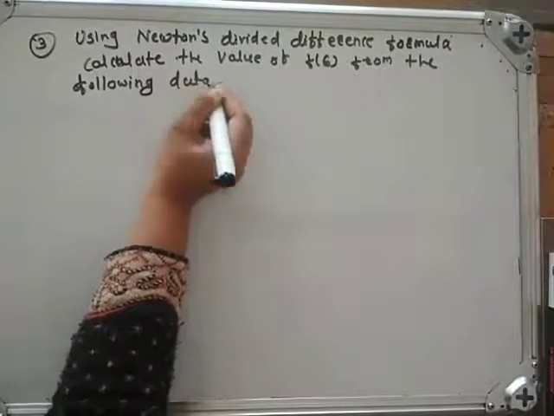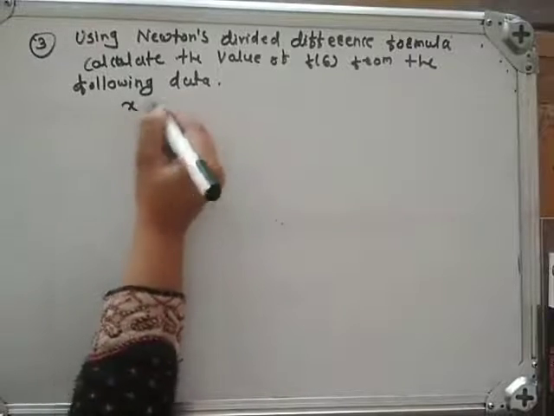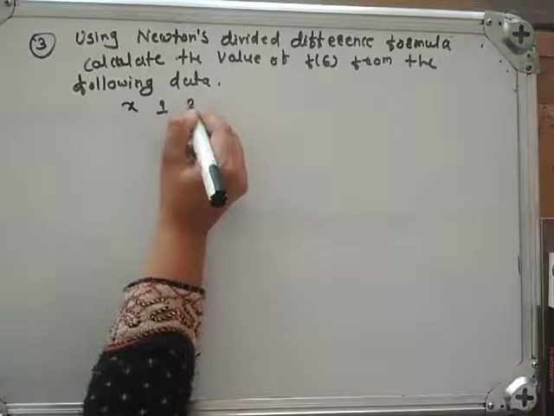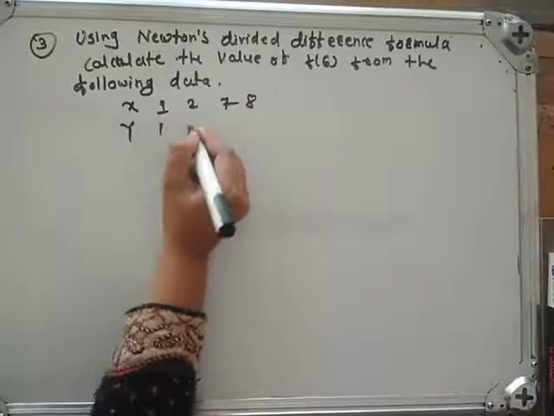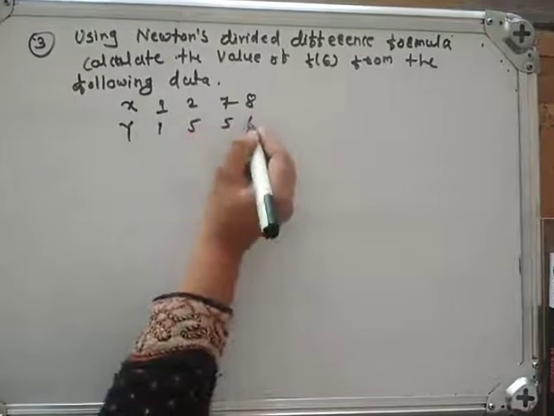Okay. Data is x: 1 2 7 8 and values of y are 1 5 5 4.